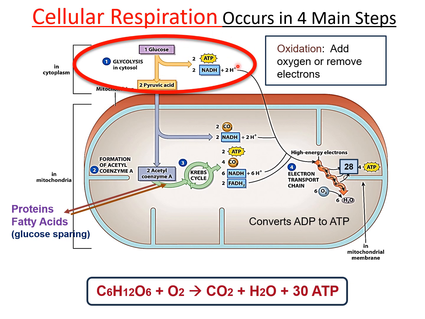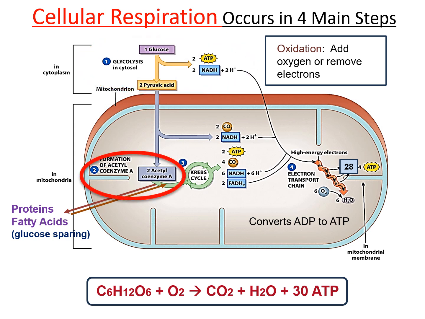So in times of desperate need, like in maximal exertion, when you go, quote unquote, anaerobic, you're only doing this. But in periods where you have high levels of oxygen, that pyruvic acid, also known as pyruvate, gets moved into the mitochondria, and that's step 2.